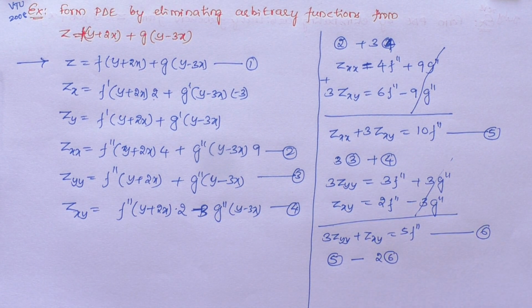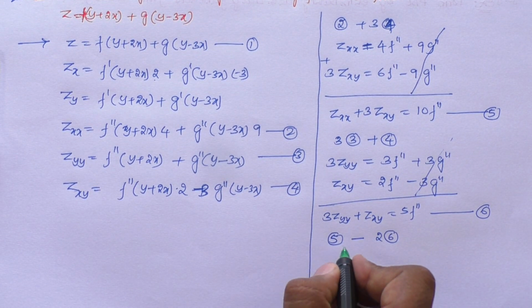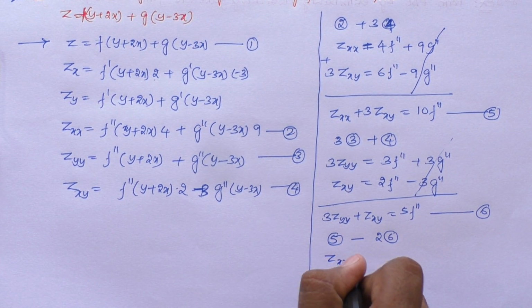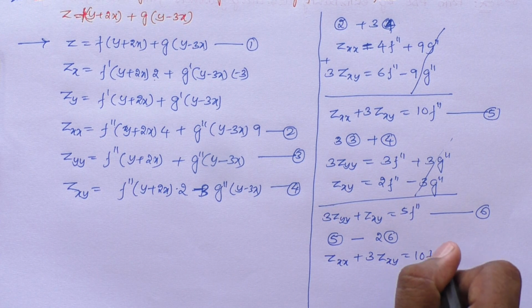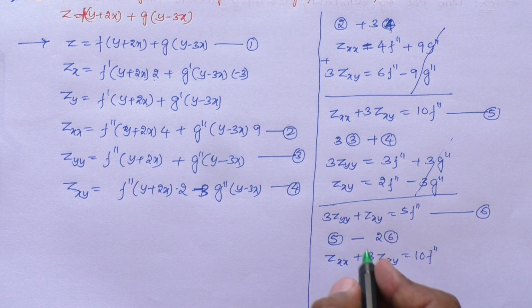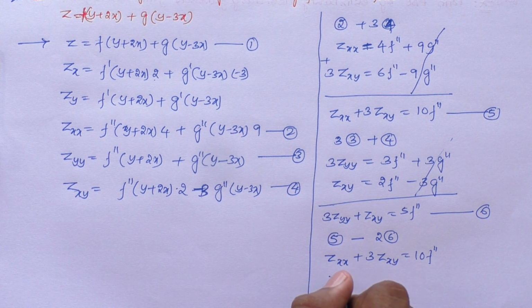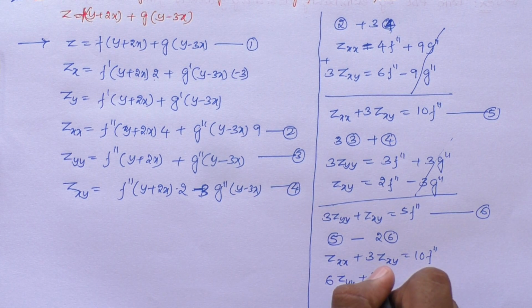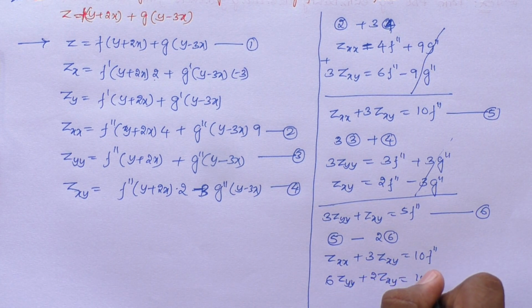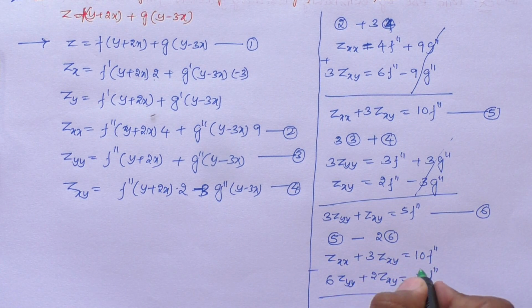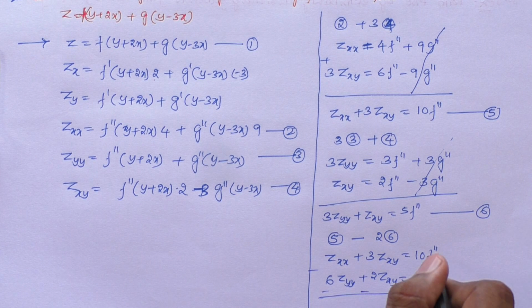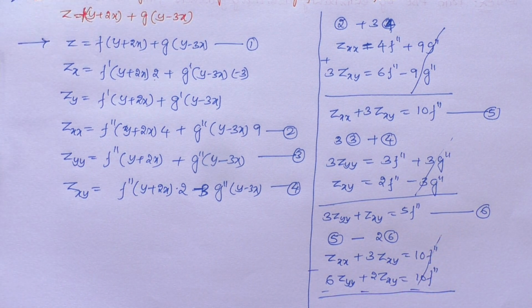So if you consider that one, we get zxx plus 3 zxy equal to 10 f double dash, and equation 6 multiplied by 2 gives 6 zyy plus 2 zxy equal to 10 f double dash. Subtract it, and the 10 f double dash minus 10 f double dash will get cancelled.